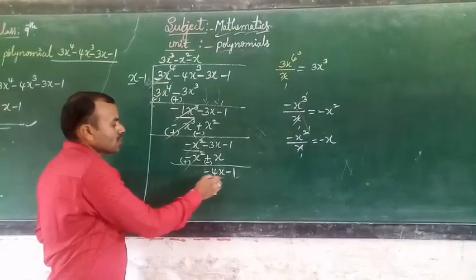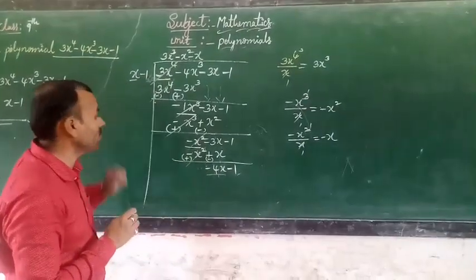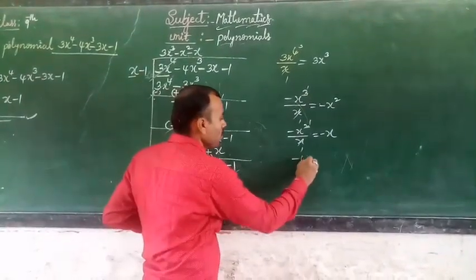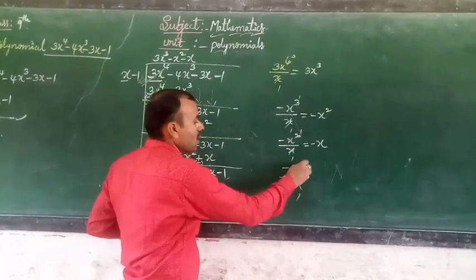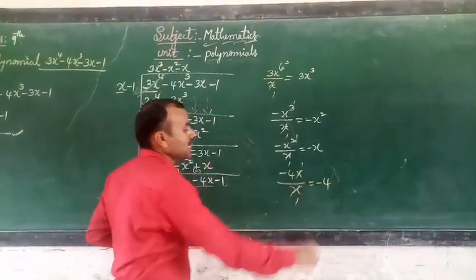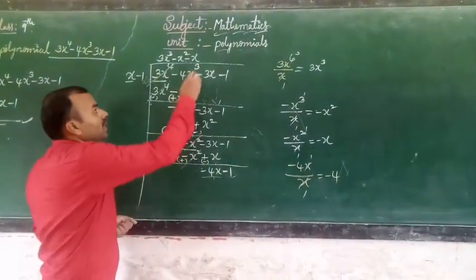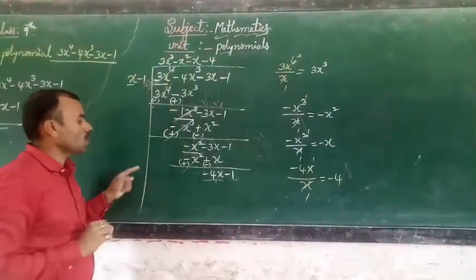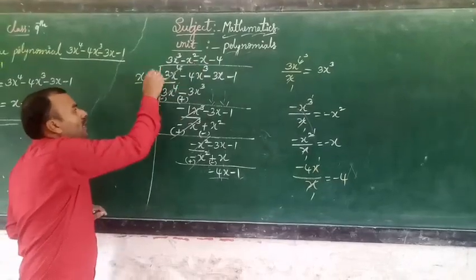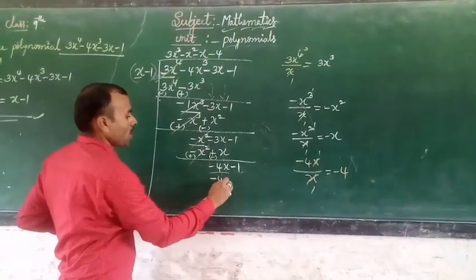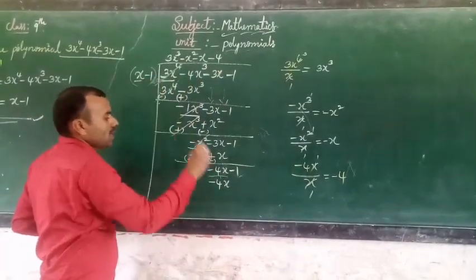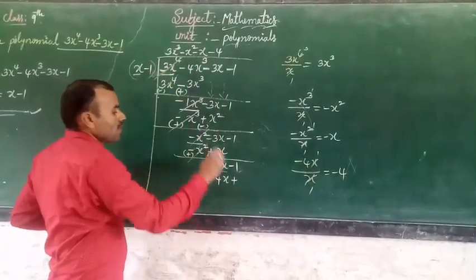Now the first term is divided by the first term of the divisor: -4x divided by x, the quotient is -4. Right here -4. So multiply -4 into x minus 1: -4x, and minus into minus is plus 4, ones are 4.